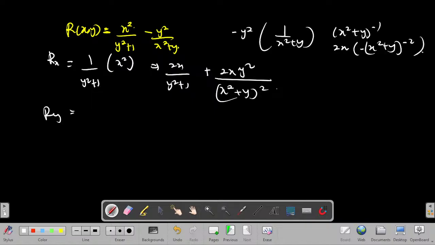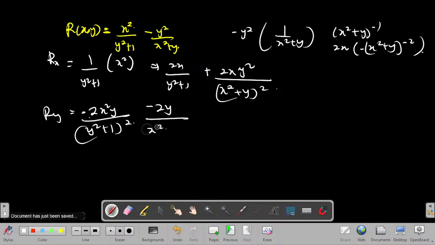r_y is simply equal to, see where y is, similarly. So I'm going to have x squared times y squared plus 1. Here y becomes, sorry, so here is tricky.